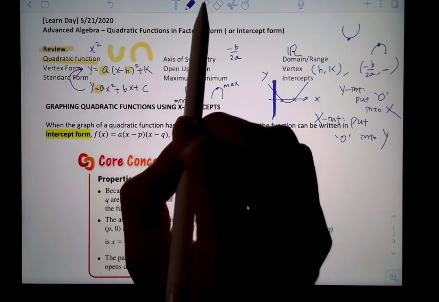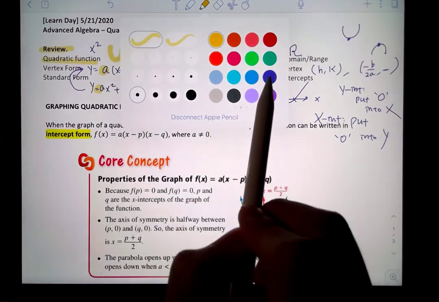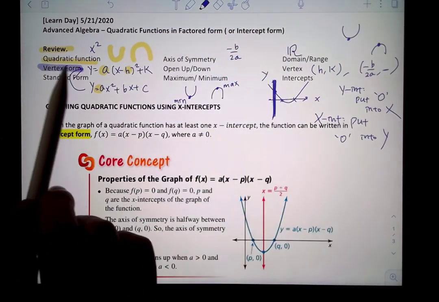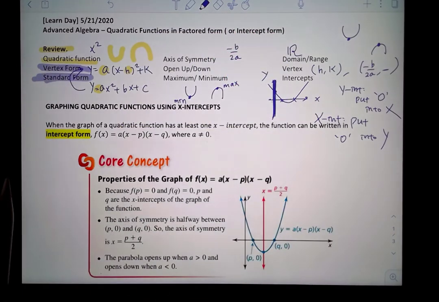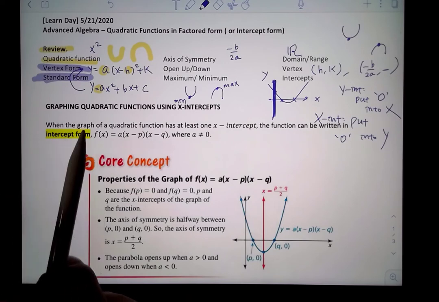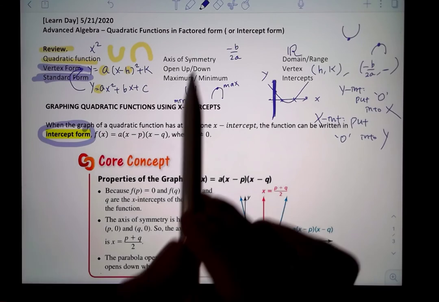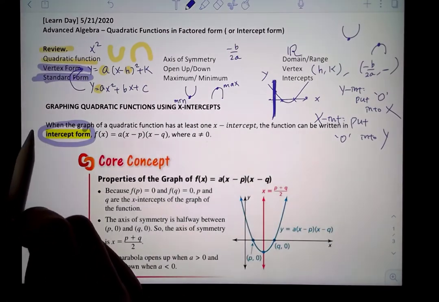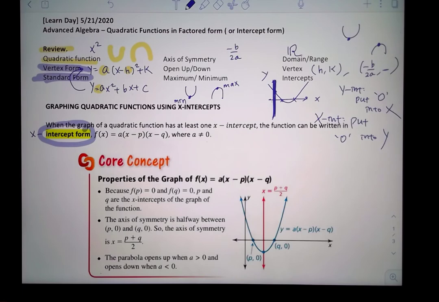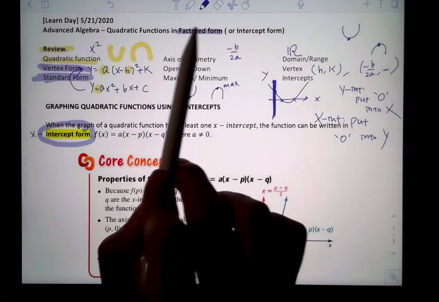Okay, guys, this is the major thing. So far we did vertex form and standard form, right? You will learn one more form today: intercept form. It's actually x-intercept form, or in other words, we can call it factor form.